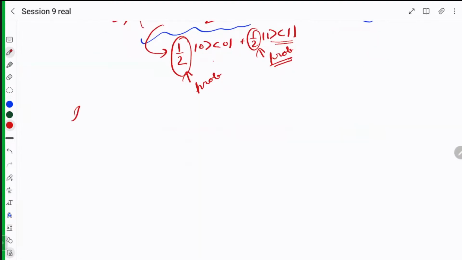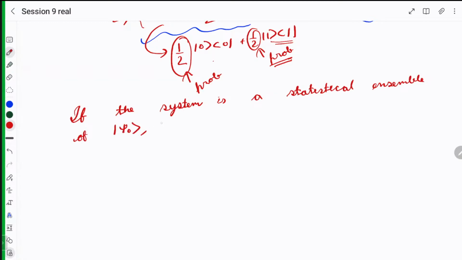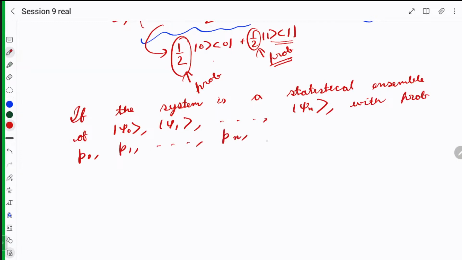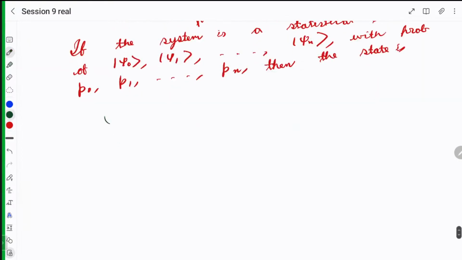a more formal way. So if we have a system that is a statistical ensemble of pure states psi 0, psi 1, up to psi n with probabilities p0, p1 up to pn, then the state is rho.